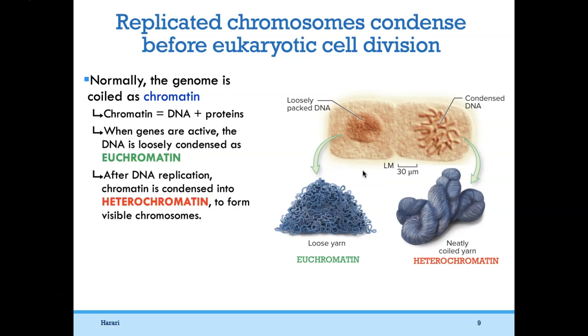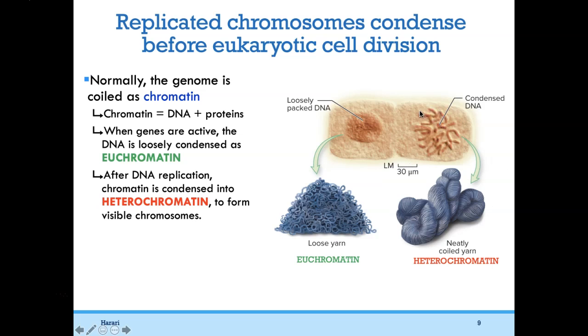But after DNA gets replicated, we have to condense this chromatin. This is really hard to divide into two, loose yarn, right? So we're going to see this euchromatin gets condensed into heterochromatin to form visible chromosomes.